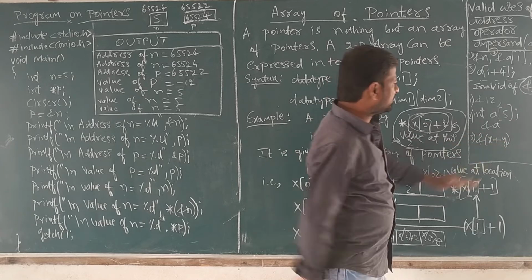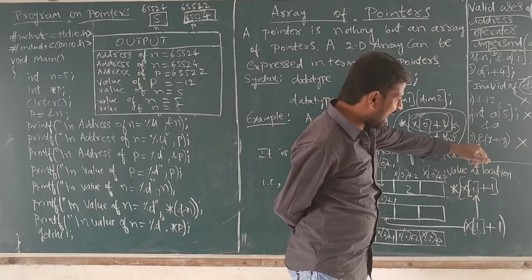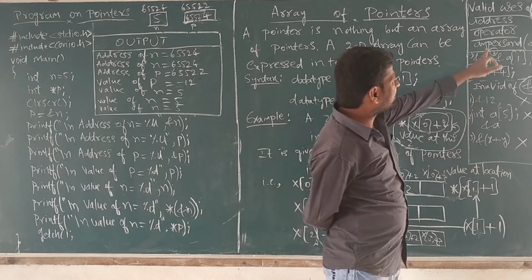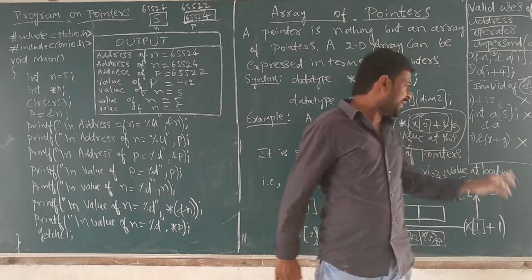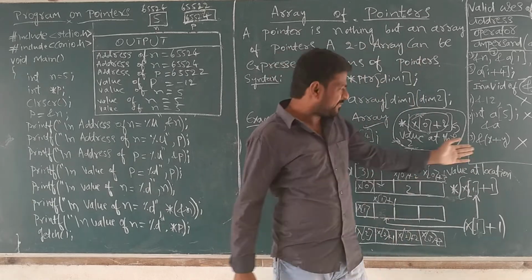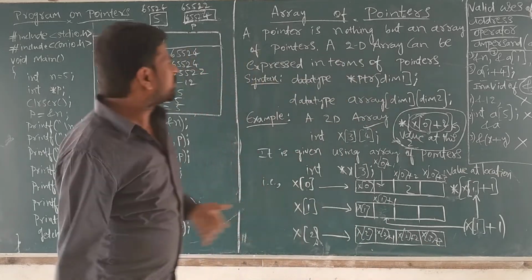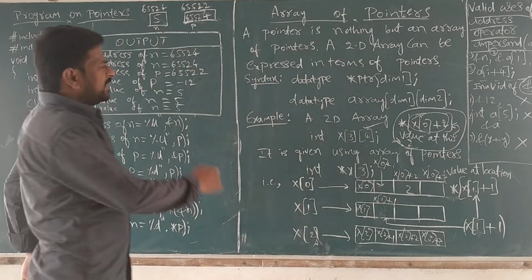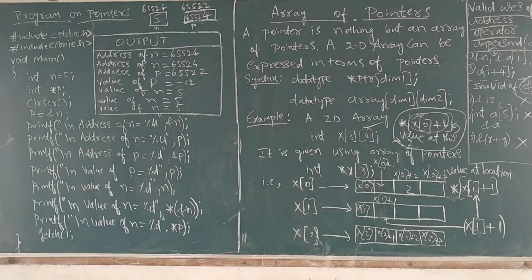Thereafter, you cannot use the ampersand operator in front of any expression like x plus y, where x and y are two variables. So you can observe this clearly. This is about the array of pointers concepts.